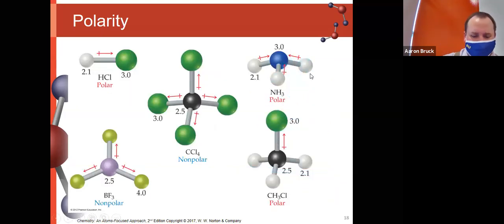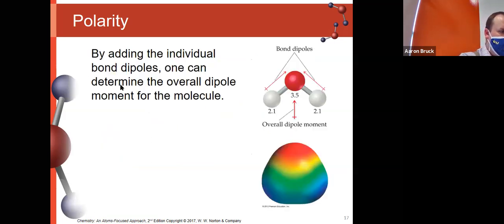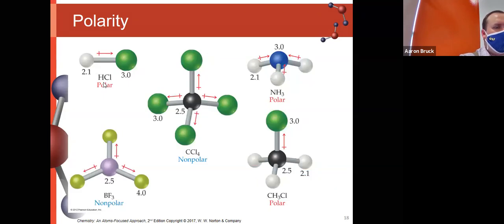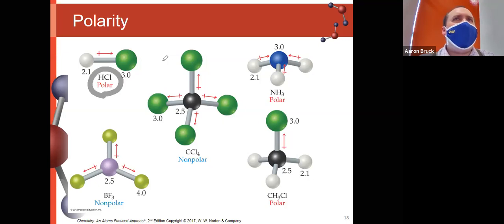So let's look at some other examples here. Molecules that consist of two atoms, a heteronuclear bond, are going to be polar bonds.